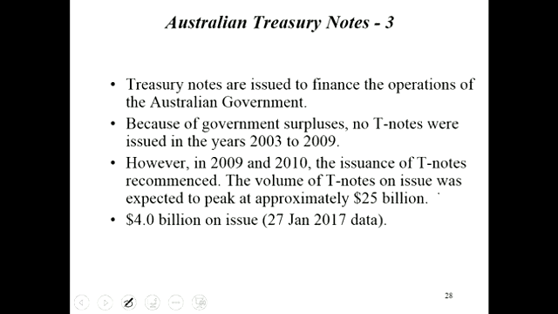In terms of when they were issued, there were none issued during this period here when they ran a budget surplus. Then they started issuing again when they went into deficit at the start of the financial crisis. One of the things that happened as a result is that financial market participants need these government risk-free rates for pretty much any time to maturity that they want.